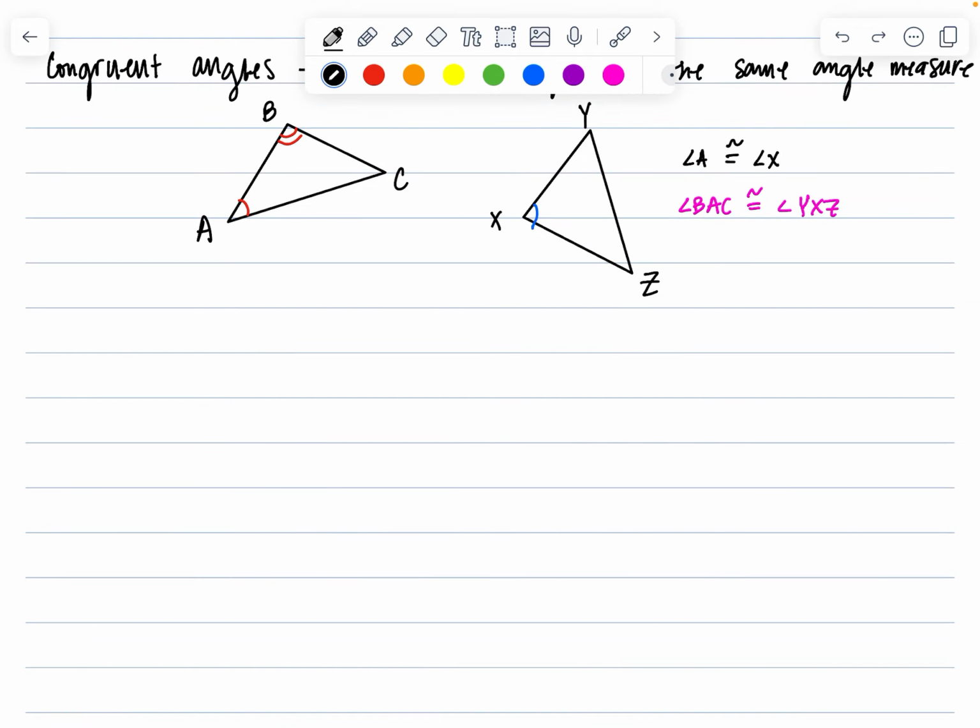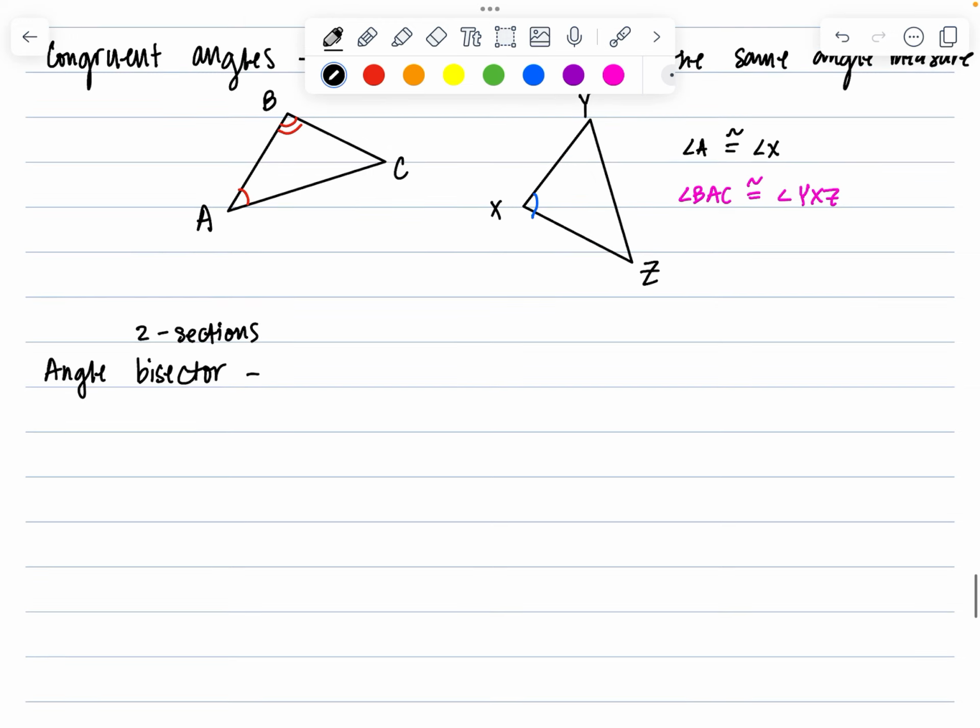Okay. The last term that we need to talk about is what we call an angle bisector. Now, a bisector is exactly, hopefully, what it sounds like if you break down this word. Bi means two. Sector means sections.